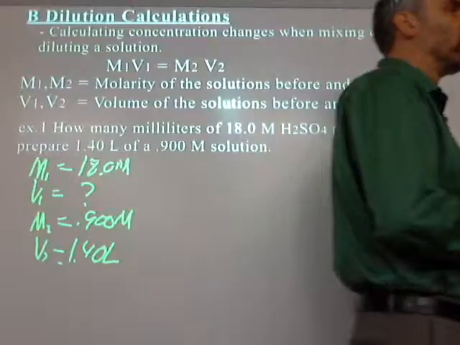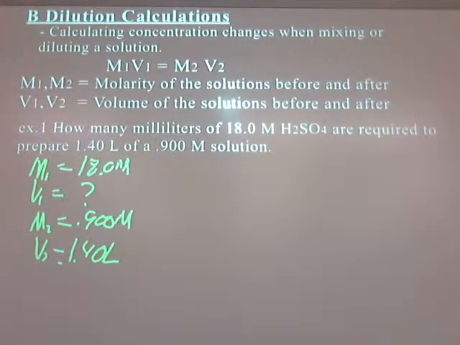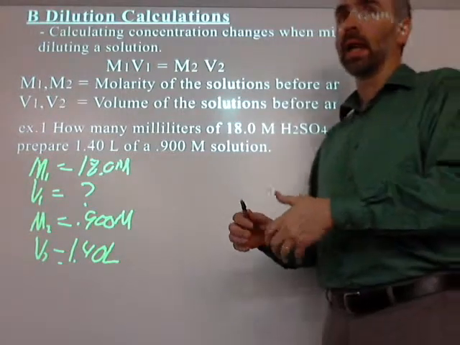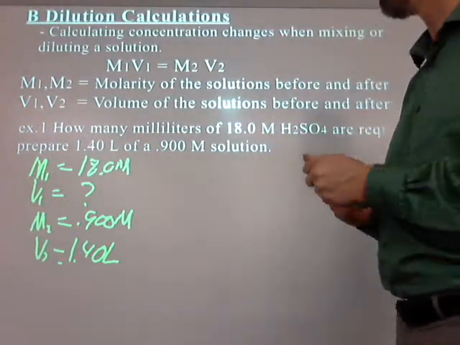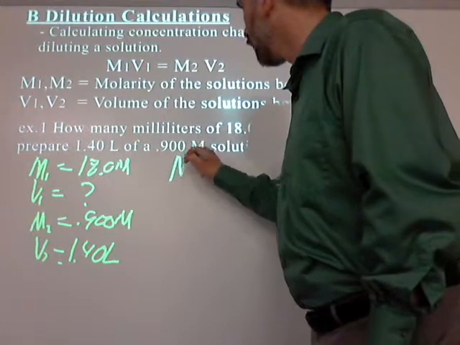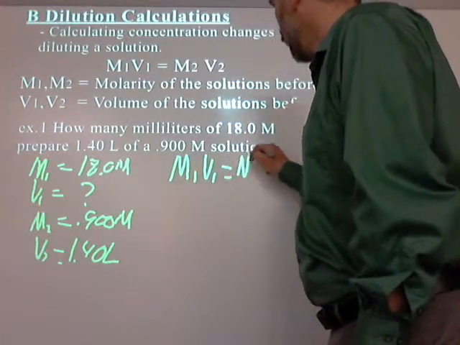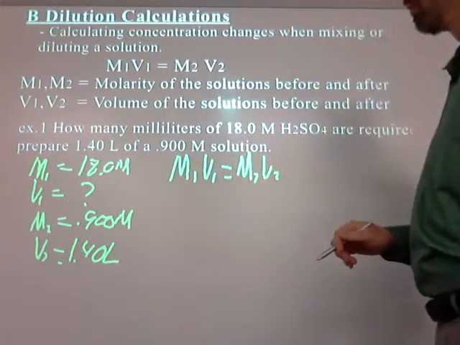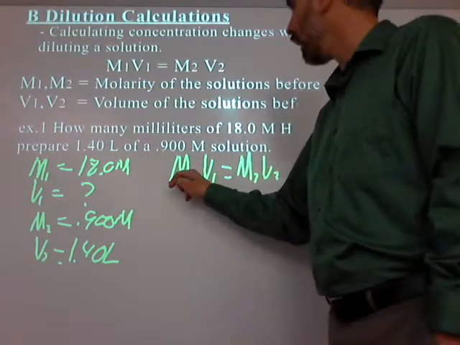By the way, even when I'm done with this problem, there's something else you have to realize, and that is how you're going to make it, the actual procedure you would use to make it. And there are 2 things to remind you about that. All right, M1 V1 equals M2 V2. I'm solving for V1, so I'll divide both sides by M1.